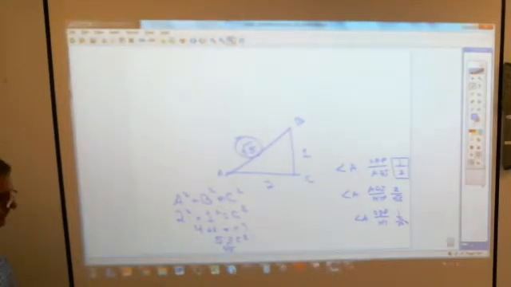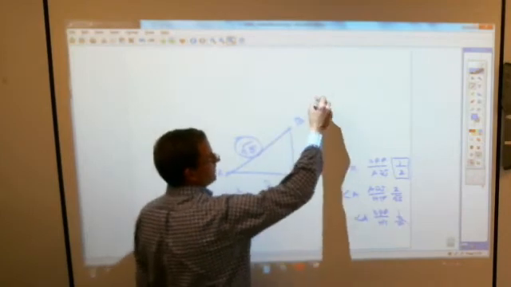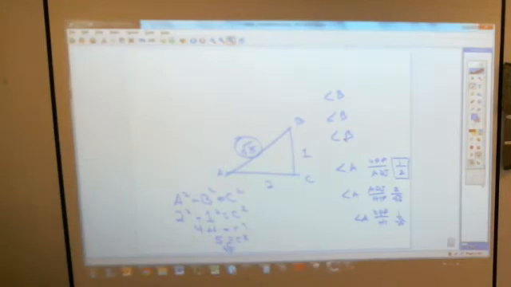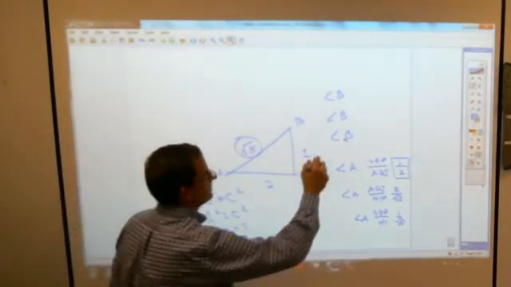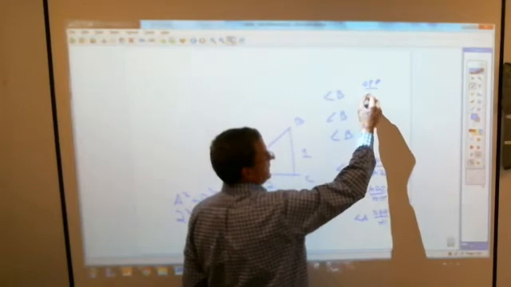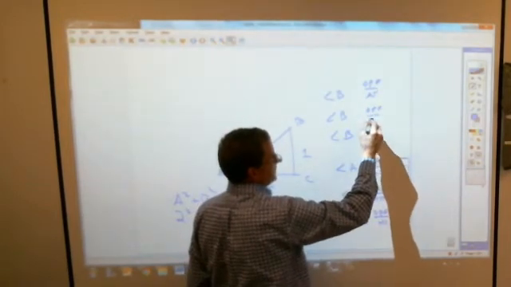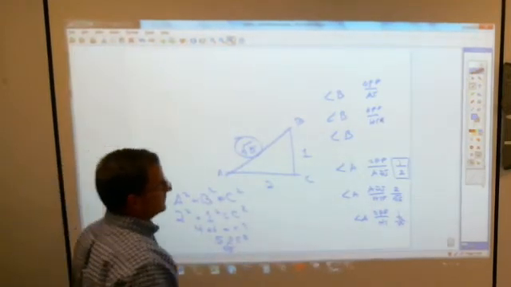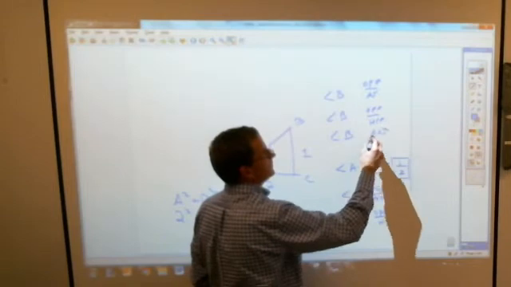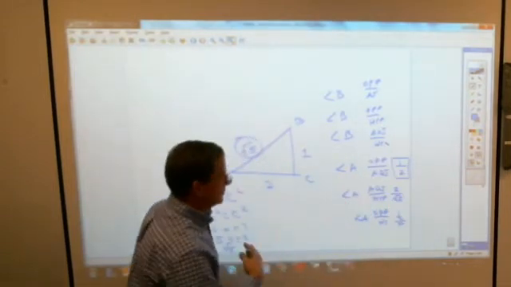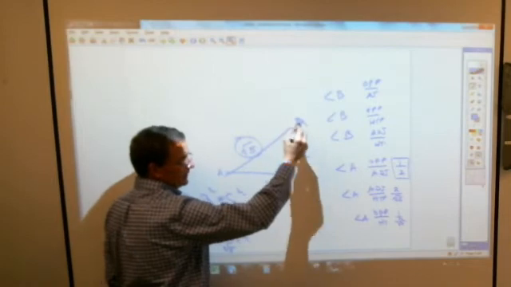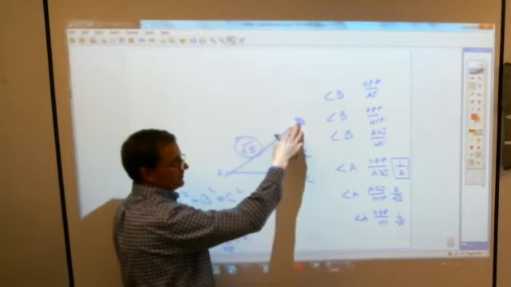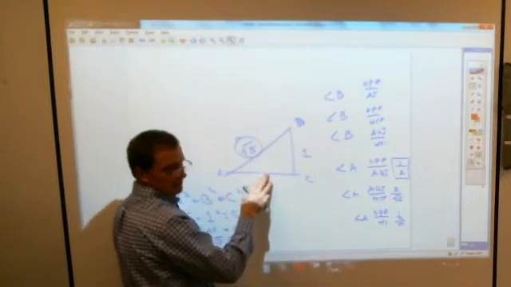Now they ask you with respect to angle B for these 3 relationships. They want the opposite to adjacent, opposite to hypotenuse, and adjacent to hypotenuse. So you have to change your thinking now because these are going to change. Now I'm looking at angle B. What is the opposite of angle B to adjacent to angle B?